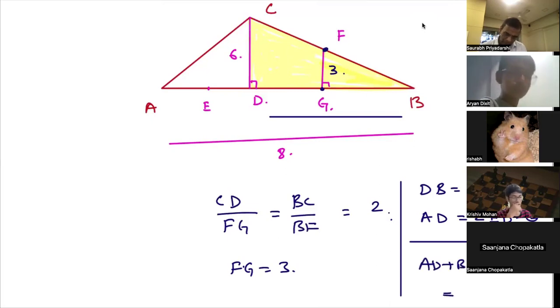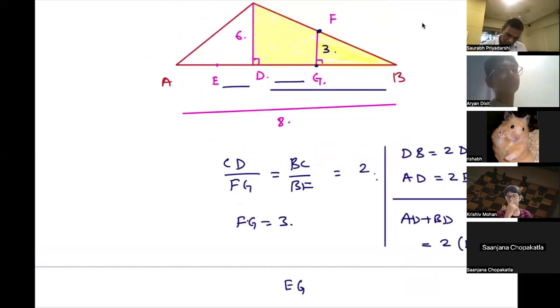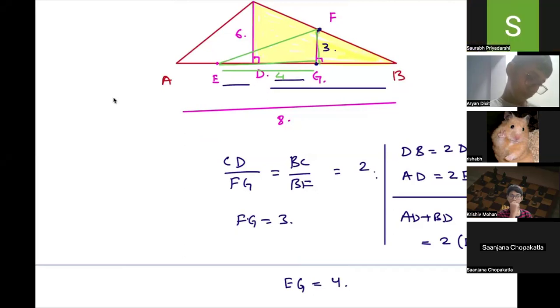So DG plus ED is nothing but EG, which is equal to 4. So this length I'm getting as 4. And this is 3. If I make this triangle, this is 3 and 4, so this will be 5. Is this okay, everyone?